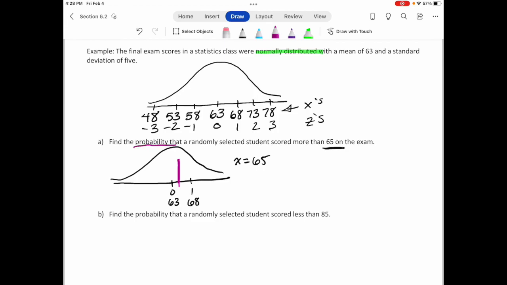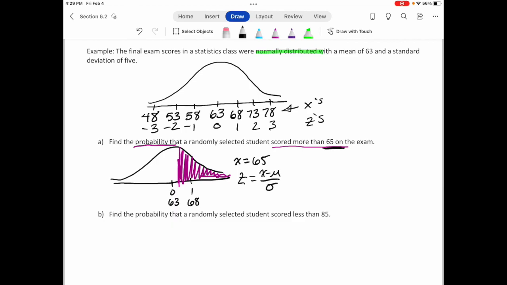Now it also tells us in the question that we want to find the probability that the student scores higher or more than a 65. So we are looking for this area that's shaded in purple, anything higher than a 65. So we have to first find our value of Z, and like I said, we know that it's going to be between 0 and 1.